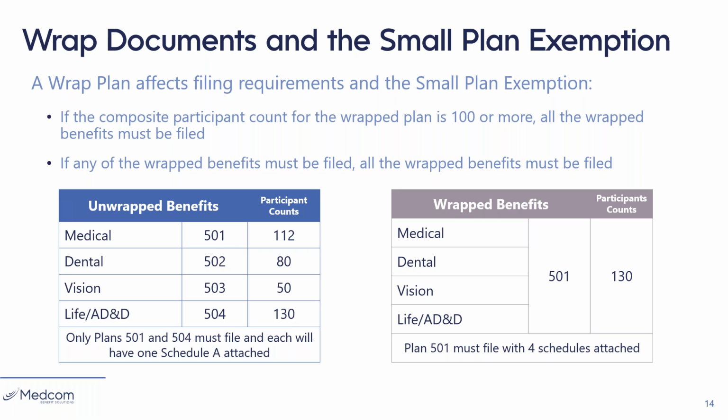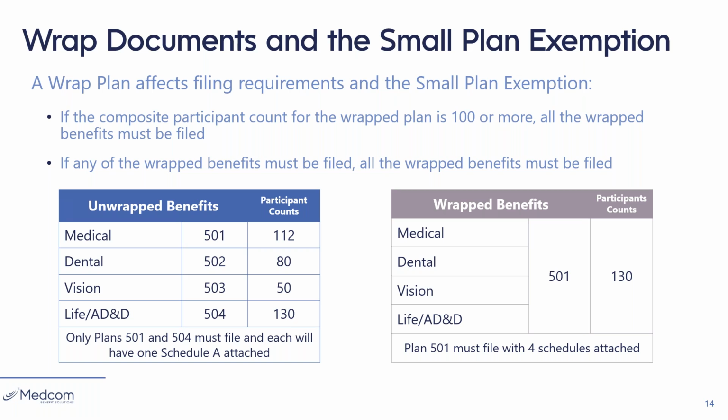So on the left-hand side, medical and life and ADD, those are the only two that actually cross the participant threshold. And so really, in a scenario in which you don't have a wrap document, you'd only have to file medical and life. Okay. With a wrap document, what we would take a look at is each line of coverage and which line of coverage exceeded 100, if any.